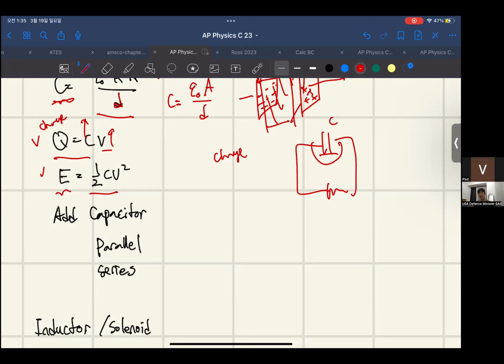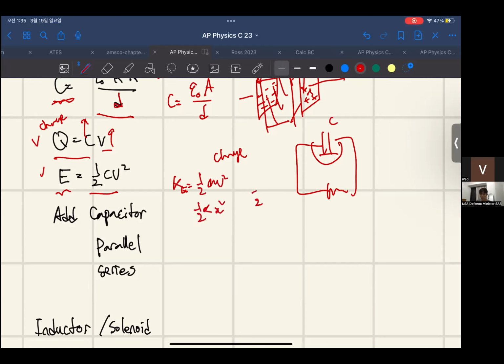This formula might look kind of tricky because you have 1/2, a coefficient, and you have 2, which is an exponent. However, think about it this way. How do you calculate kinetic energy? 1/2 mv squared. What is the elastic potential energy? That was 1/2 kx squared.